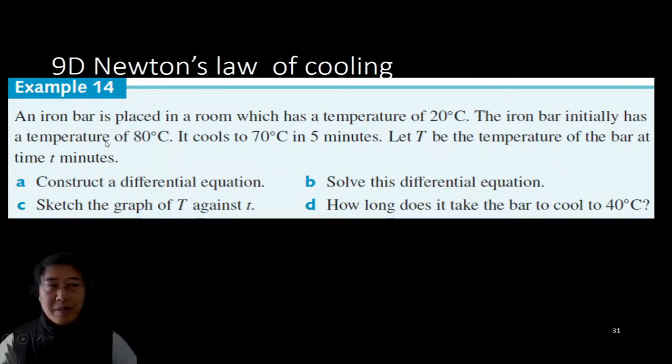So that's your initial temperature. Now when the time equals 5 minutes, T becomes 70 degrees. So those two situations, 80 degrees and 70 degrees, will give you two preconditions to help you find the values of K and C. Okay, first, you construct your differential equation.